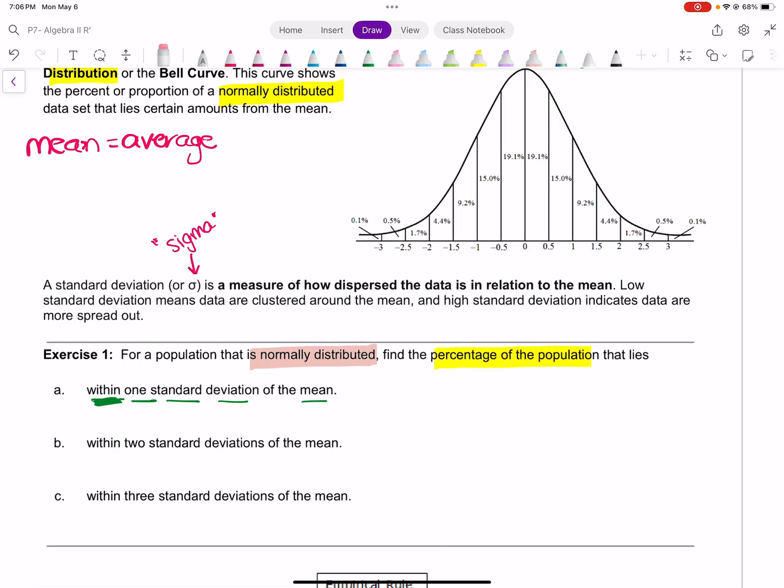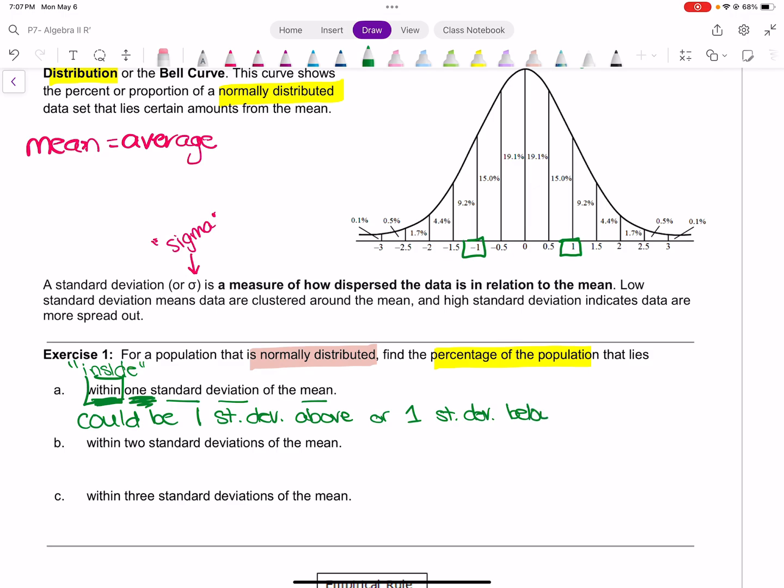We want to be right now within, so that means inside 1 standard deviation of the mean. So 1 standard deviation of the mean means that I could be 1 above it, or I could be 1 below it. So we could be 1 standard deviation above, or we could be 1 standard deviation below the mean.